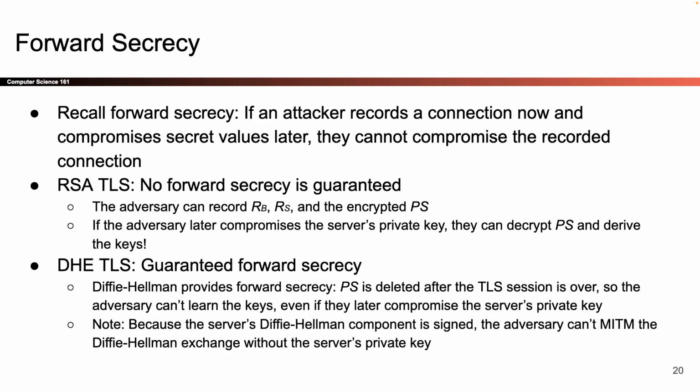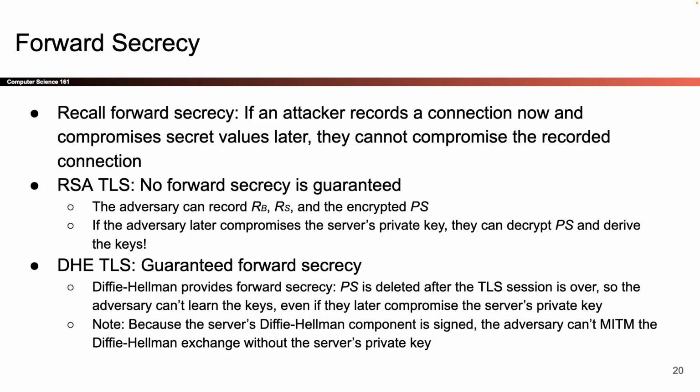And if later the attacker finds out what the server's private key is, it gets leaked, the attacker learns it, well, now they can take this encrypted value and decrypt it because they know the private key, it's been stolen. And once they know the decrypted pre-master secret, and they know the random numbers, they can derive the symmetric keys and decrypt all the stuff that they previously wrote down.